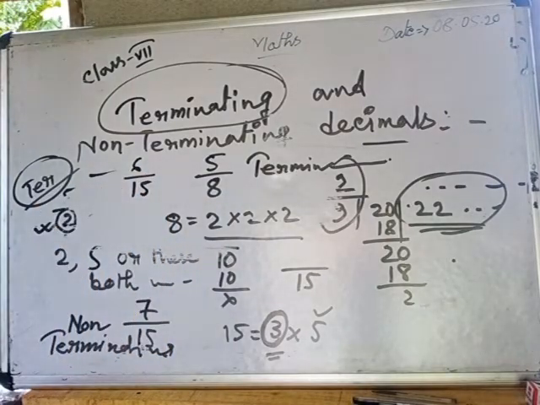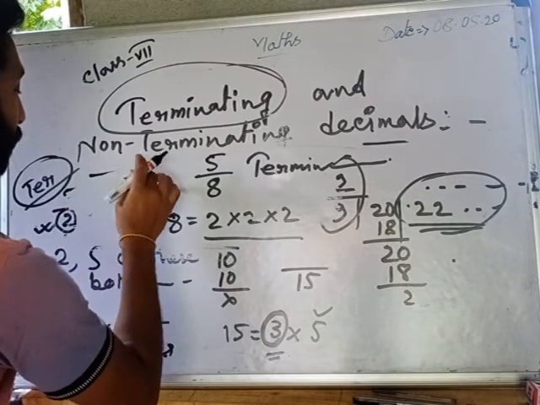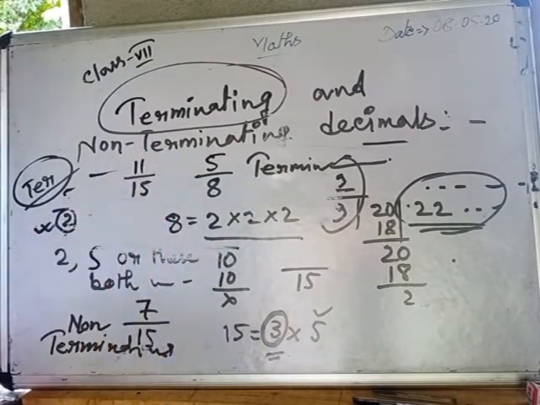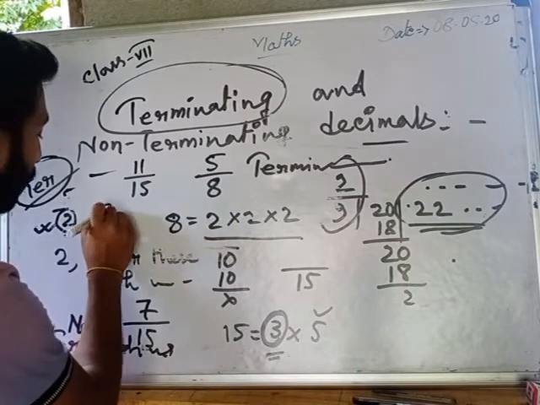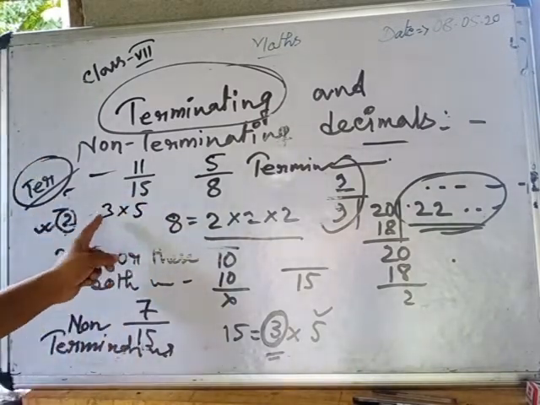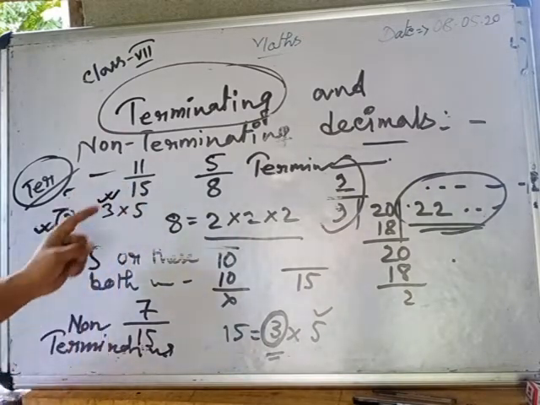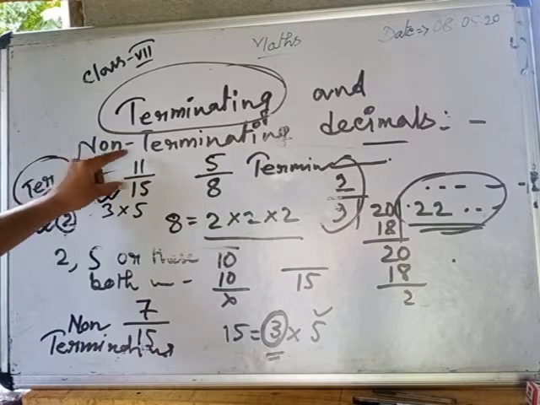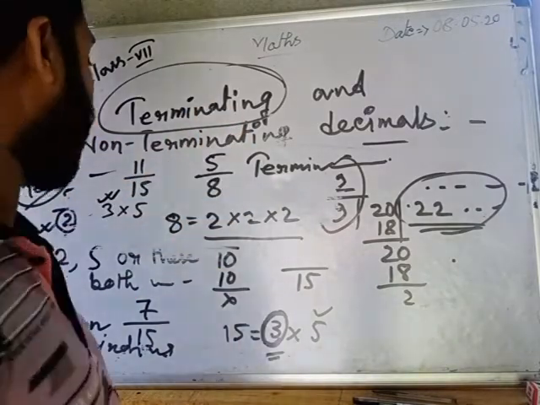But if it is 15 by 15, that means 15 here as a denominator, 3 fives are 15, 5 is there, but 3 is also there. If 3 is present, then this fraction goes to the non-terminating fraction.